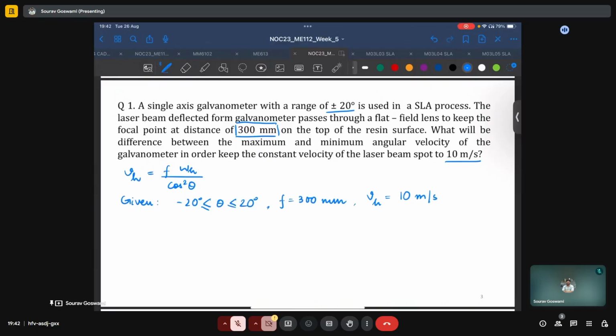Now we can plug these into the given equation and obtain the range for the angular velocity of the galvanometer mirrors, omega, which we obtain as V times cos square theta by f. V is 10 meter per second.